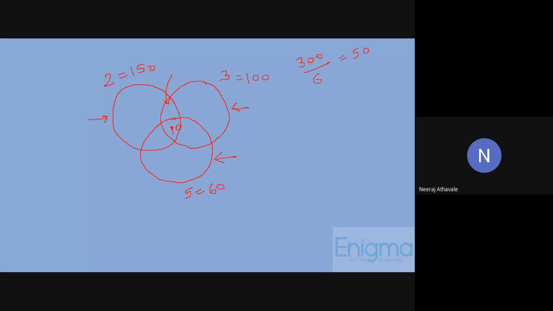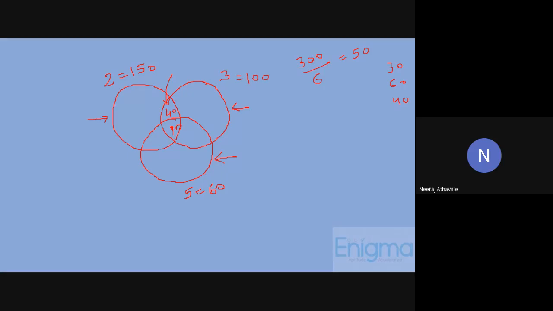But out of 50, 10 is already counted in the center. You can see the numbers we wrote earlier, 30, 60, 90 and so on, all these numbers are also divisible by 6. They are already counted. So 10 we wrote here. So 50 minus 10, we write down 40 over here.